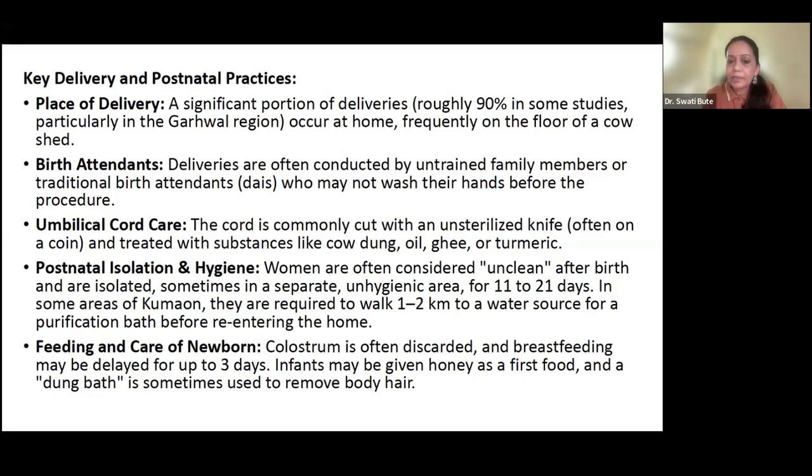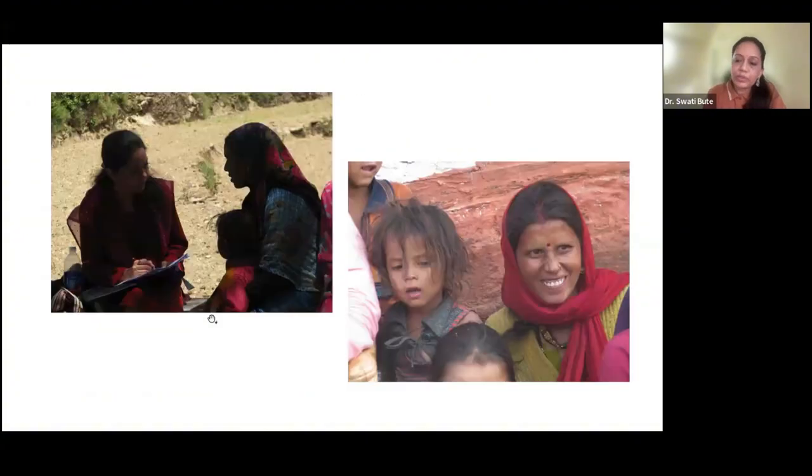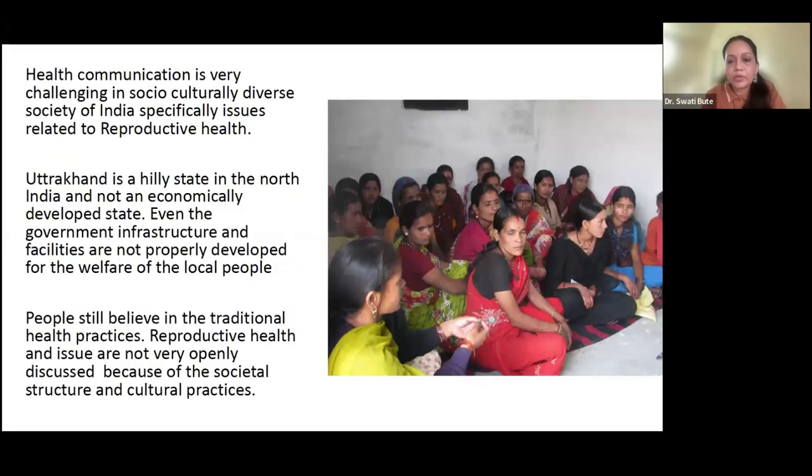We can see that people are not ready to adopt new, modern practices, specifically when it comes to reproductive health. So that's the major task for the ASHA worker. ASHA workers are the local women health workers. The state level health officers provide training to these women health workers, and they normally go door to door in rural areas to teach women about the importance of institutional delivery.